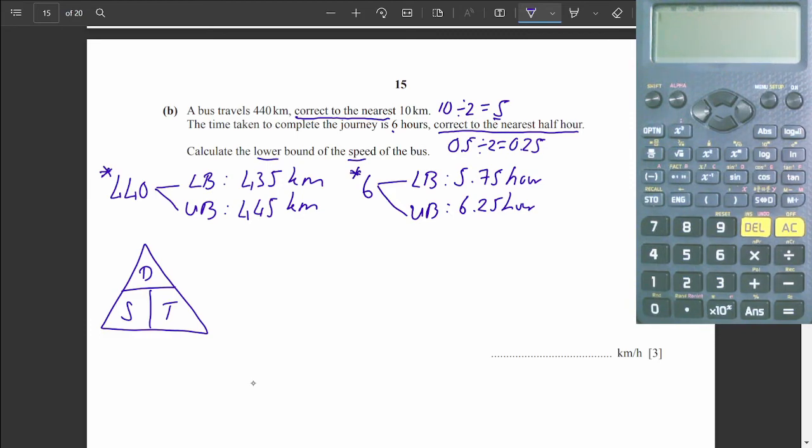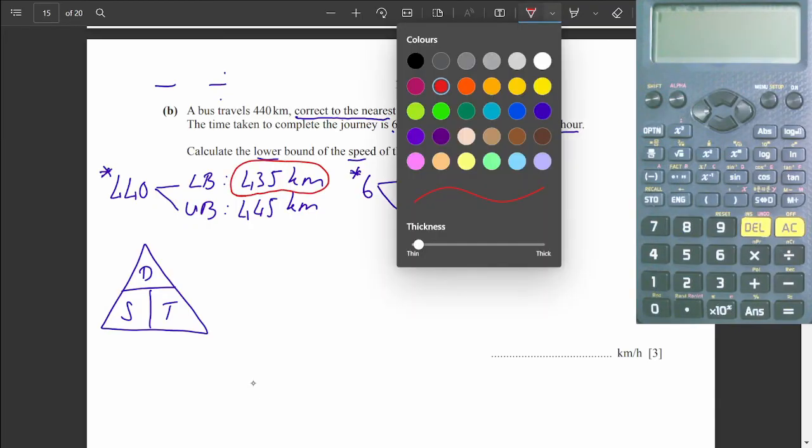Now, when we are subtracting and dividing with bounds, it's complicated. We need to be careful. It's not straightforward. We need the smallest possible answer. So what we're going to do is take the smallest possible distance that they travel, which is 435 kilometers.